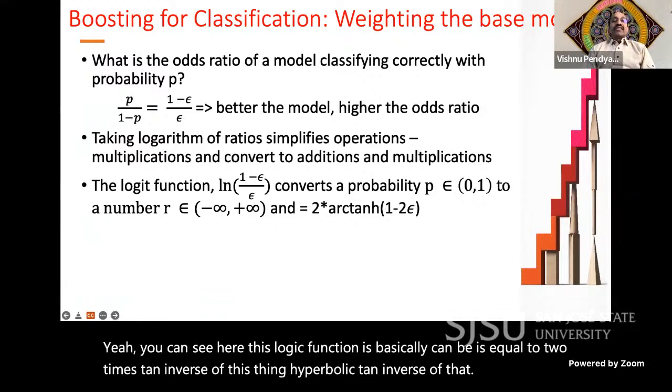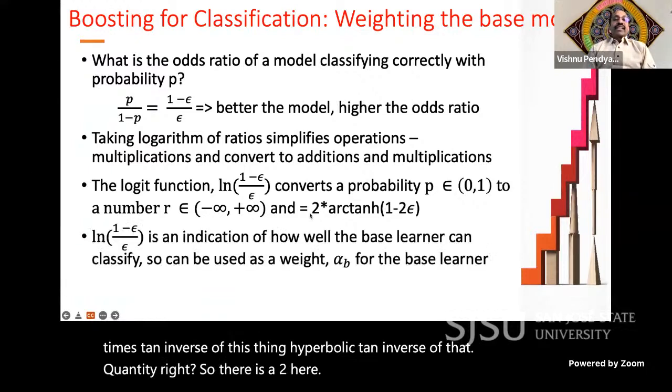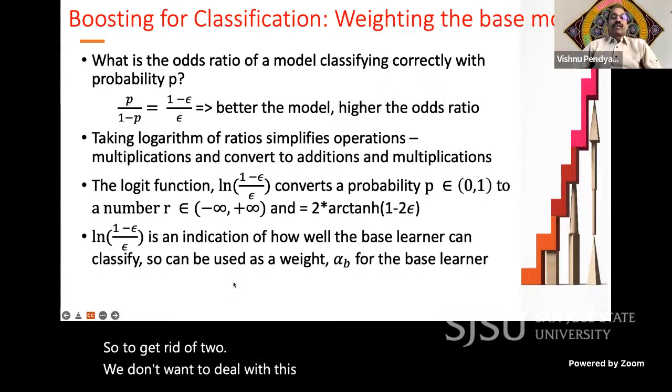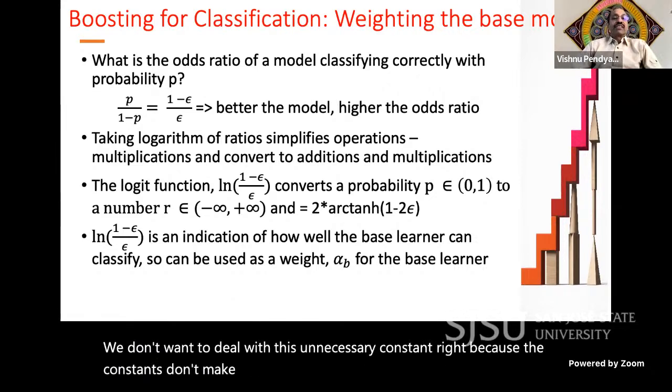So there is a 2 here. We don't want to deal with this unnecessary constant, because constants don't make a whole lot of difference. So we'll get rid of 2.